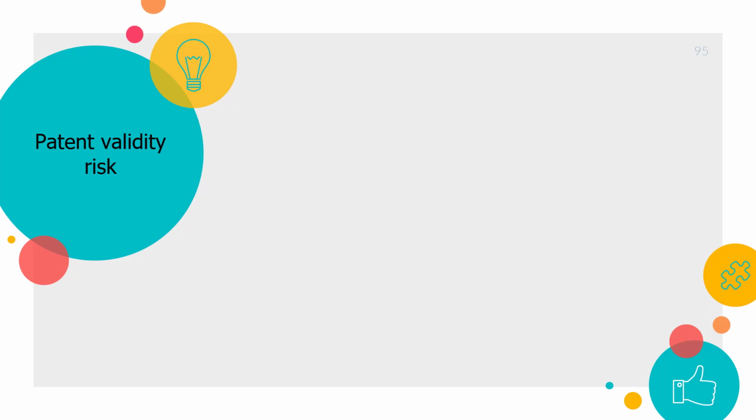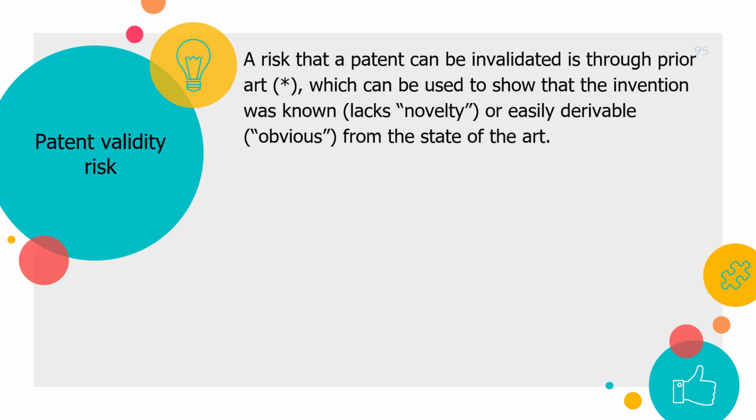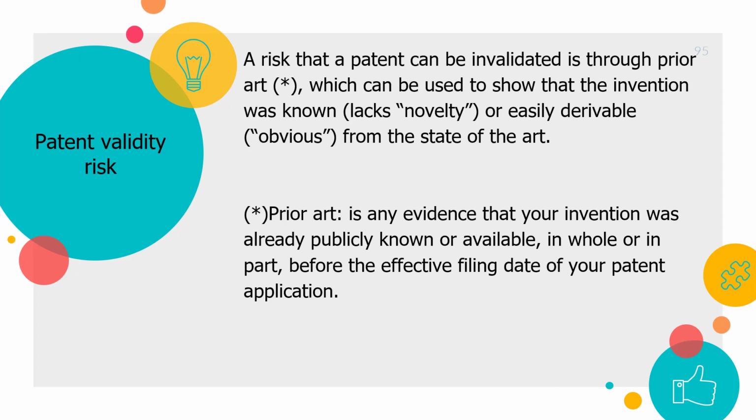Patent validity risk, which is a risk that a patent can be invalidated through prior art, which can be used to show that the invention was known, for example lacks novelty, or easily derivable from the state of the art. So prior art is any evidence that your invention was already publicly known or available, in whole or in part, before the effective filing date of your patent application.